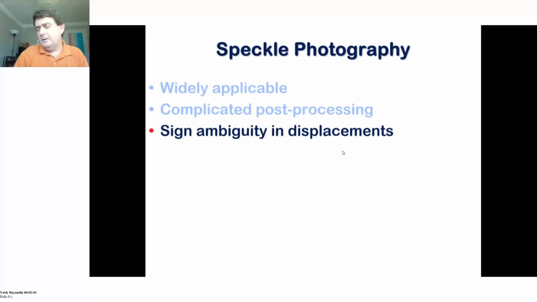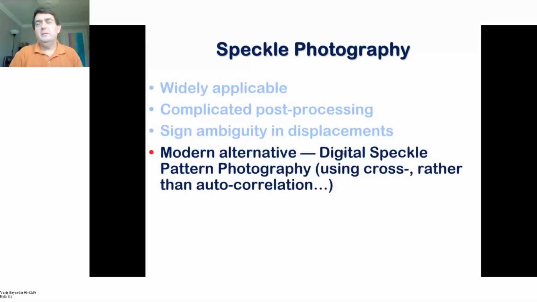And there are many modern alternatives which have been developed over the last 20 years or so, involving digital speckle pattern photography, which use cross-correlation, meaning you compare one image to another, rather than this, which is called autocorrelation, meaning that the information is contained within one image.